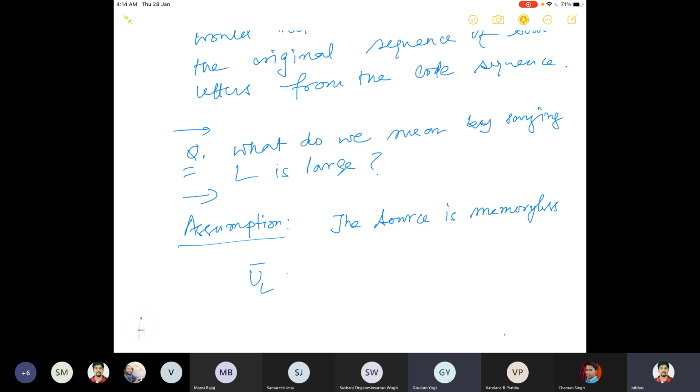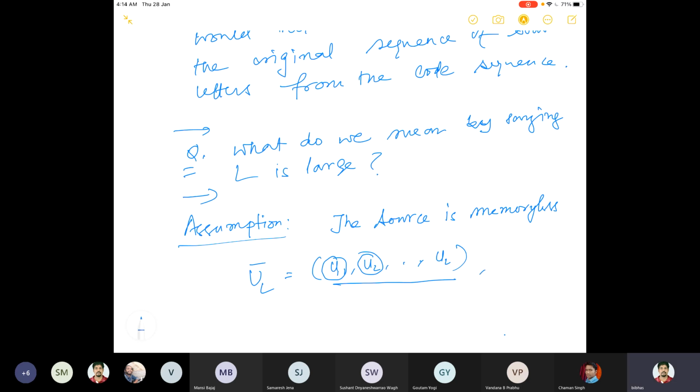Whenever we pick U1, U2, up to UL, these are from the source letters, each one of the source letters. So the choice of U2 does not depend on the choice of U1. These are all statistically independent. So U1, U2, UK, you can consider as samples of the same random variable.